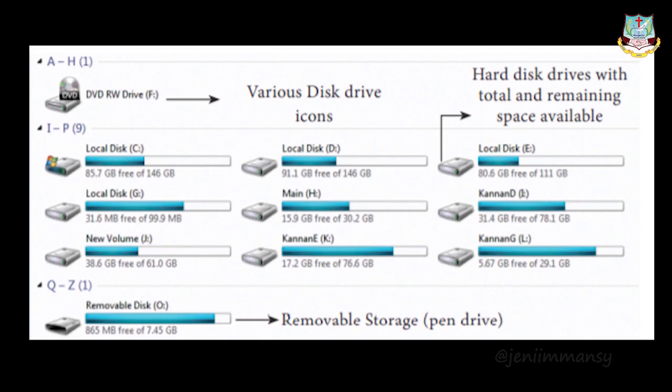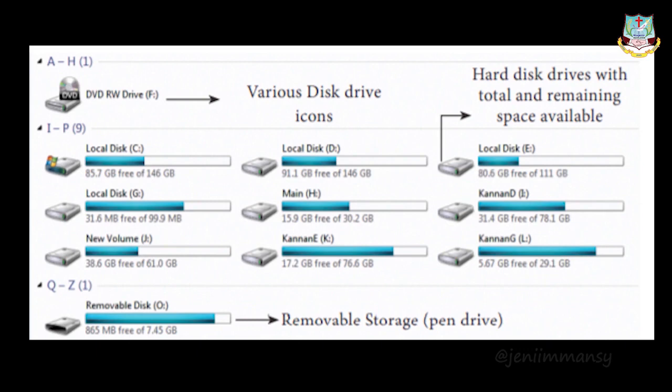And the next ones are the hard disk drives with the total and remaining space available. Here you see Local Disk C, D, E, F is not there, right? G, H, L, likewise they have given. So we can split the memory and save into so many drives, right? And on the drive itself it will show, here you see, 85.7 GB free of 146 GB. So the total storage is 146 GB and 85 GB was already occupied.